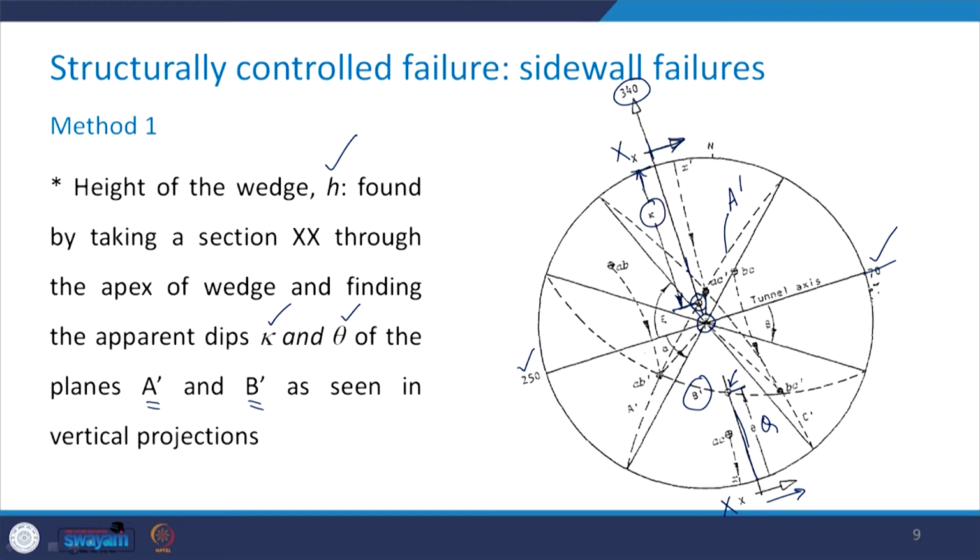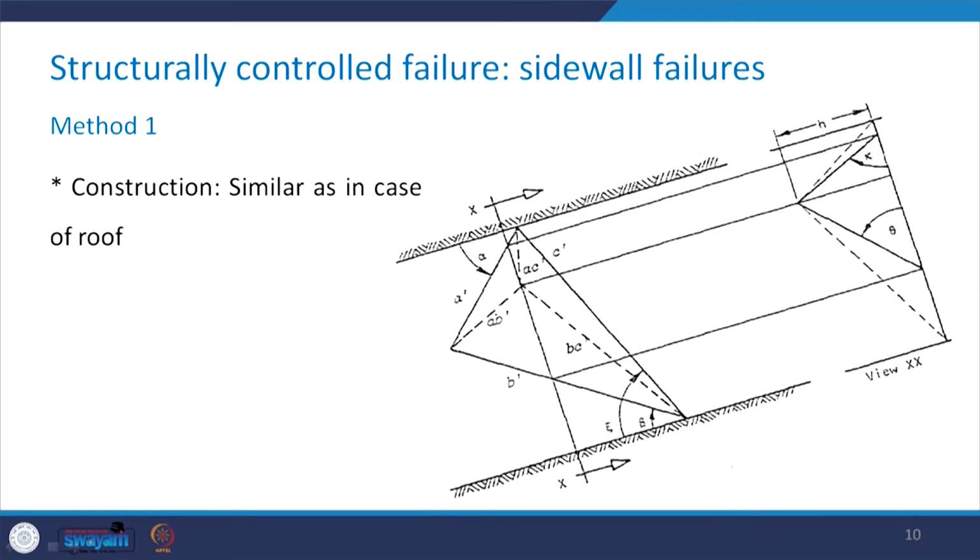So this we can find out from the stereographic projection. Then the construction will be done in exactly the same way as we did in the case of roof failure. We take any point, draw lines parallel to the traces A prime, B prime and C prime, and we get this triangular shape of the wedge like this, and this is the third side.